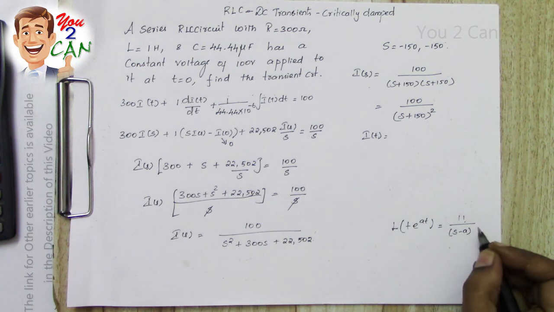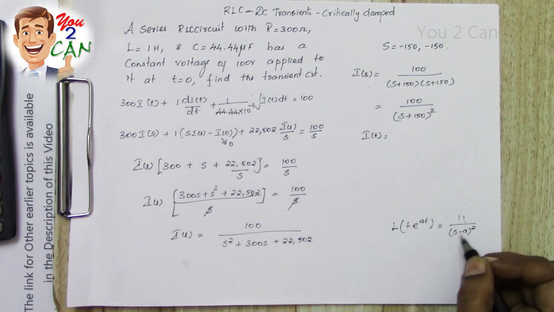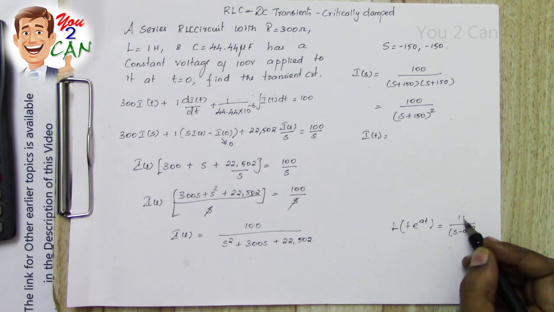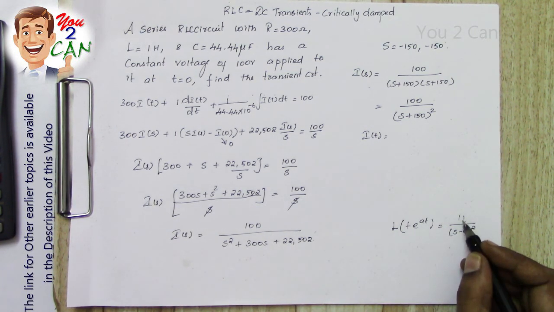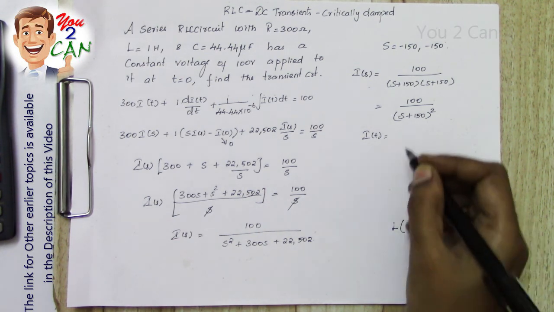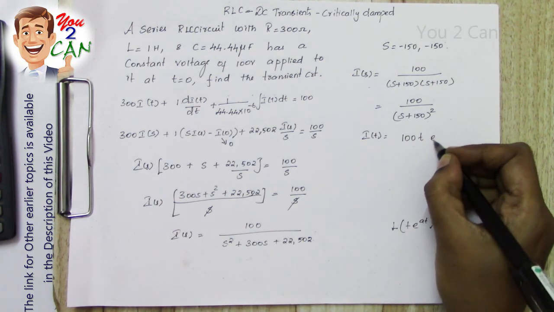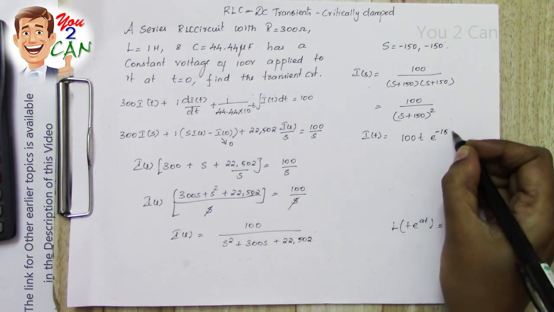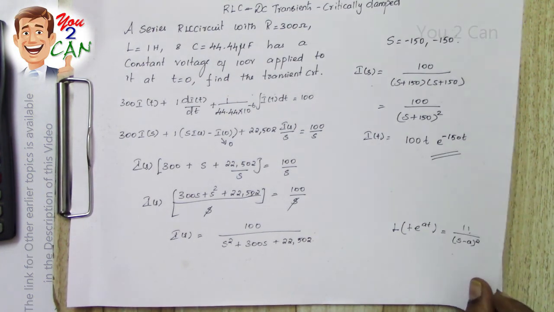N is here 1, so 1 plus 1 is 2. This is the Laplace of t e power at. The Laplace inverse of 1 by (s minus a) the whole square is t e power at. If it is 1 by (s plus a) the whole square, it is t e power minus at. So we can write it as 100 t e power minus 150t. That's the answer.